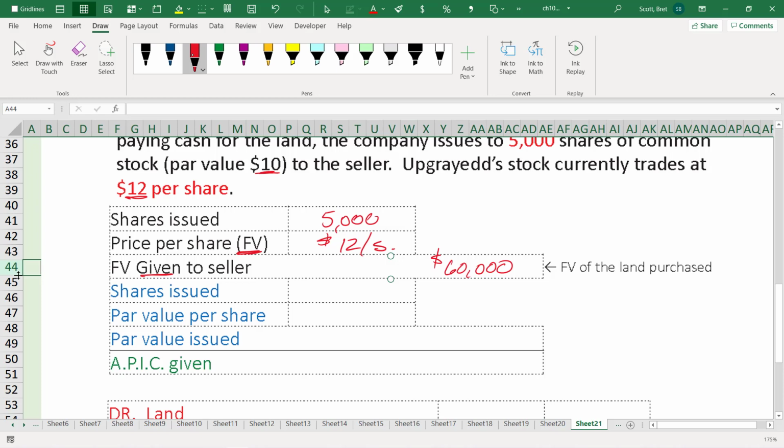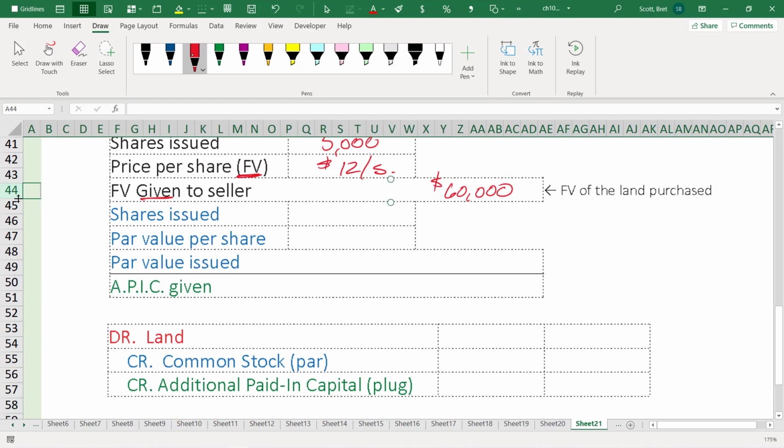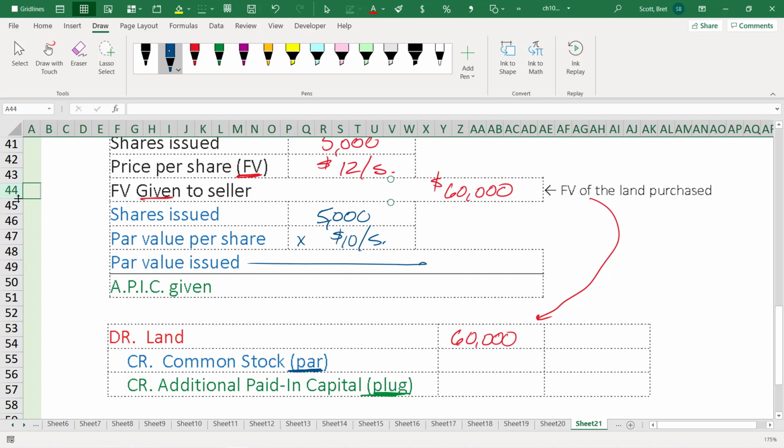Well, once we do that, we know that the fair value of the land down below is $60,000. So we gave $60,000 in fair value, therefore the land is worth $60,000. But we have to break out the $60,000 between par value and additional paid-in capital, which is just a plugged figure in this case. So again, 5,000 shares times $10 per share par value. Overall par value issued is $50,000.